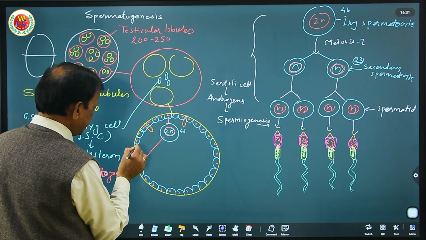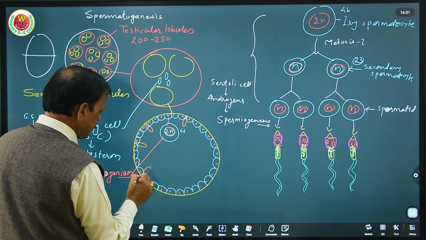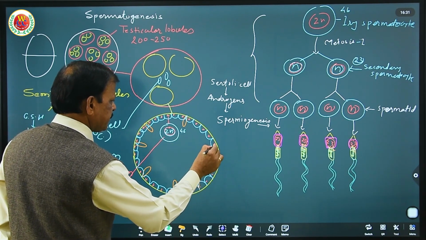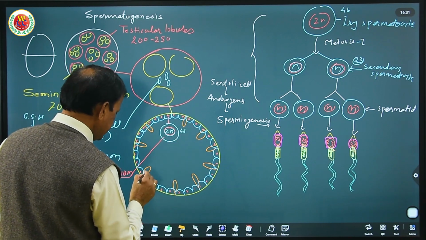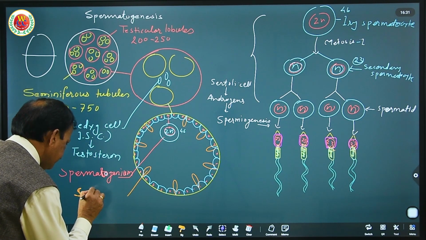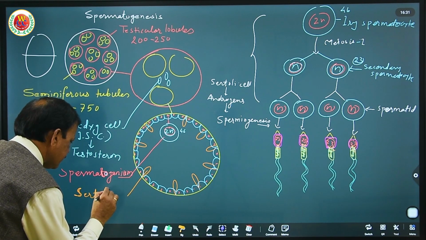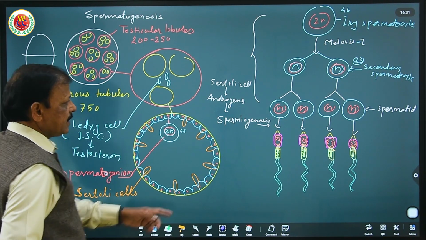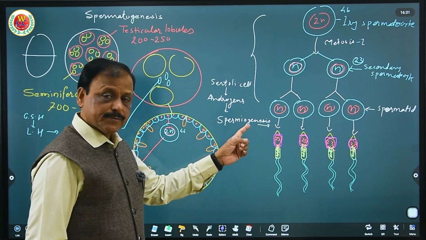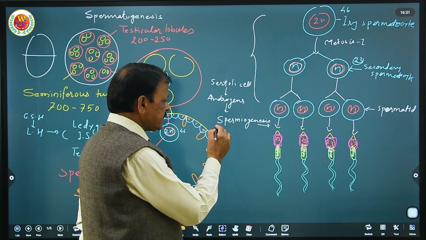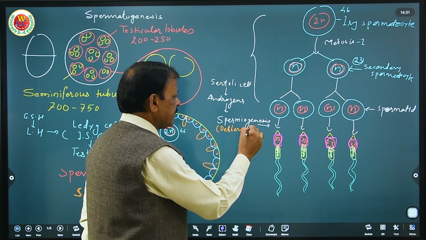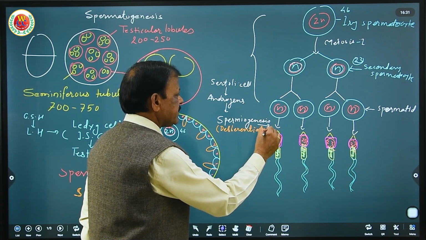They are nursing cells, and they produce nutrients for developing sperm. They produce the androgen male factor which initiates spermiogenesis. Spermiogenesis is nothing but the process of differentiation, that means attaining specific shape and size.